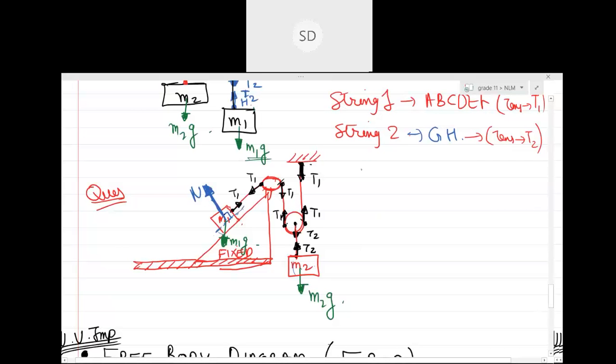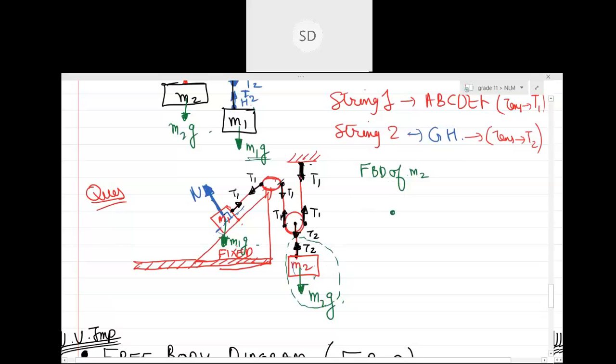So if I draw the free body diagram of M2, this one. First thing is isolate. Don't worry, I'll write the steps so that you will understand how to solve any problem on mechanics. Any problem on mechanics can be solved with the help of that.